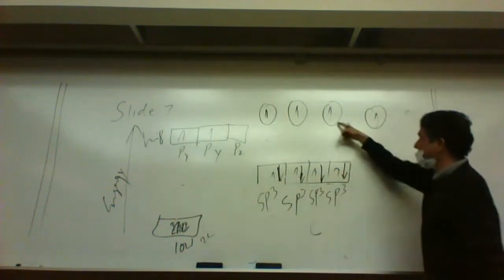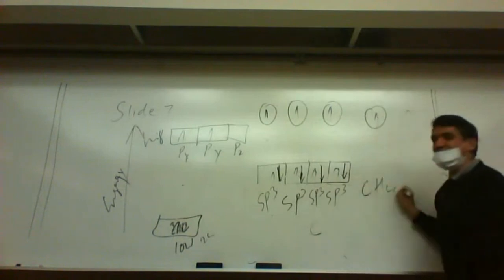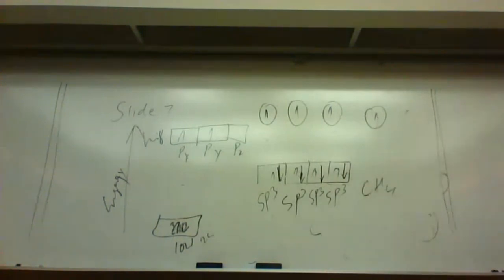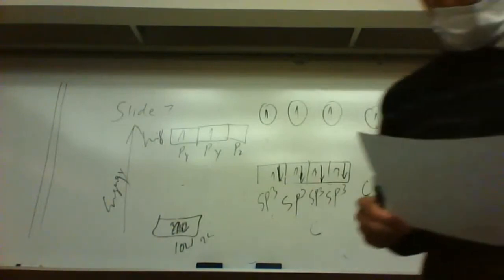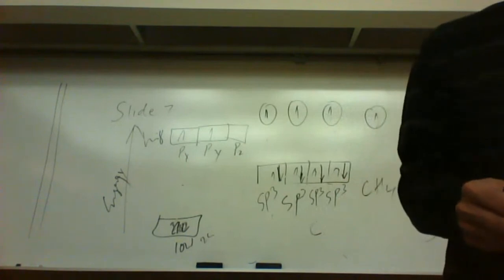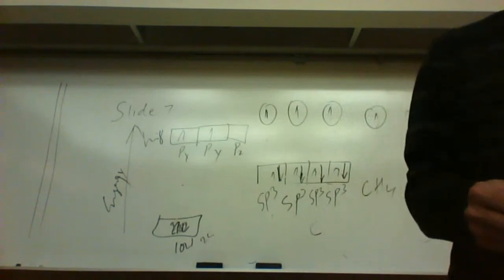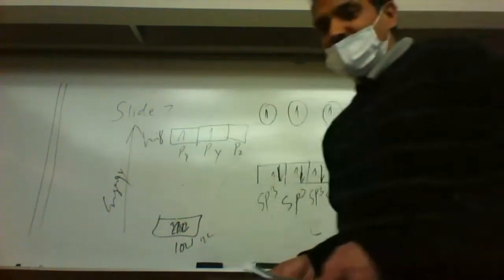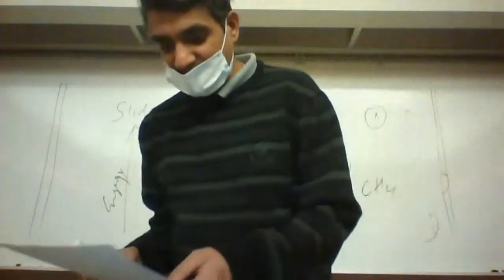Once you put the electron from the hydrogen, this becomes the CH4 molecule. Make sense? Good. So first you hybridize, and after hybridizing, you make the bond. Yeah? Good.